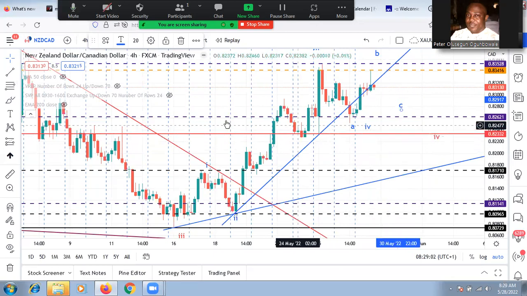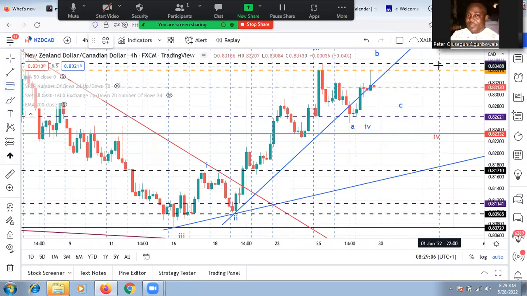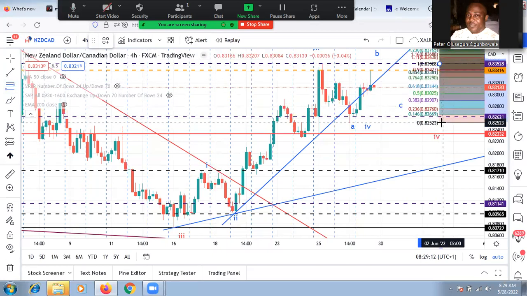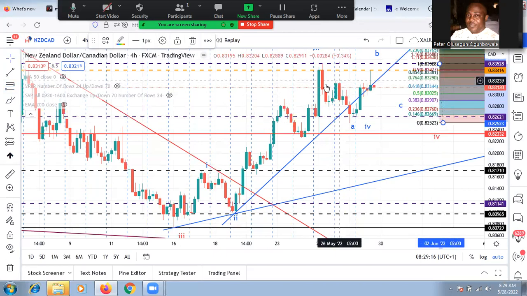So now with this move so far, let's see how far this one has gone up. This one came down like a five wave, and this is where it can get a bit confused. The way this one came down, you will think that this one came down like a 5.